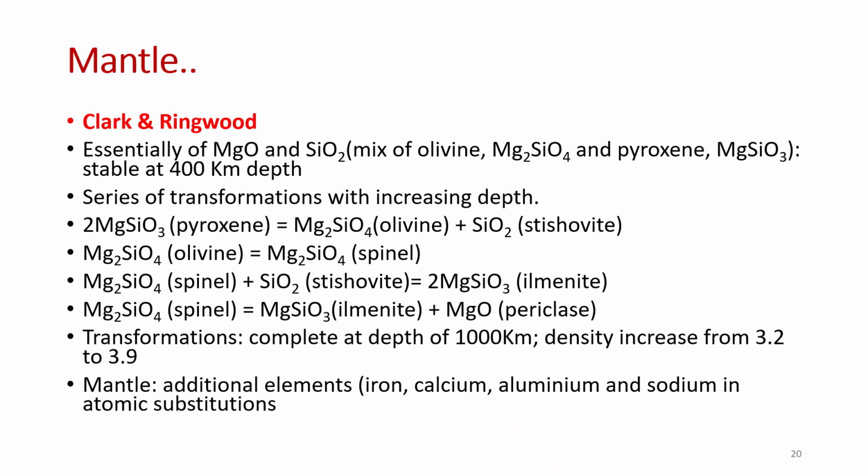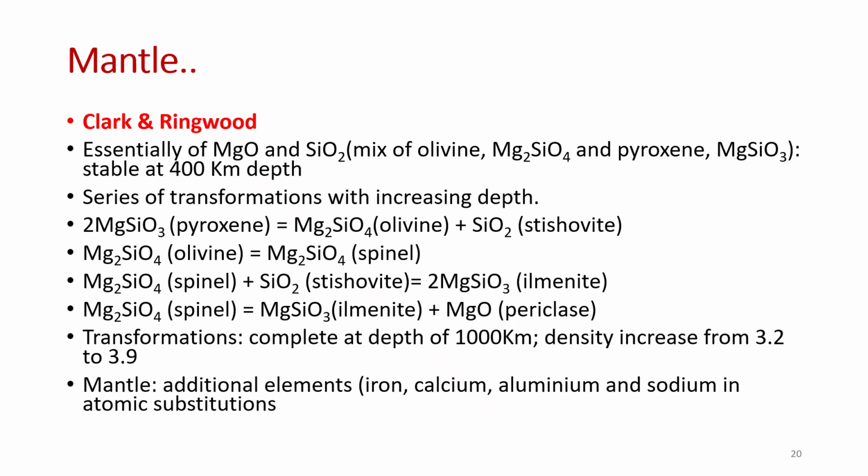In the light of available data, they postulate the following transformations with increasing depth. 2 MgSiO3, a pyroxene, could be converted into olivine and stishovite. Olivine Mg2SiO4 could be transformed to spinel structure, and the spinel and the stishovite transformed to ilmenite structure. Then this spinel, Mg2SiO4, could be transformed to MgSiO3, that is ilmenite, and periclase, that is MgO.